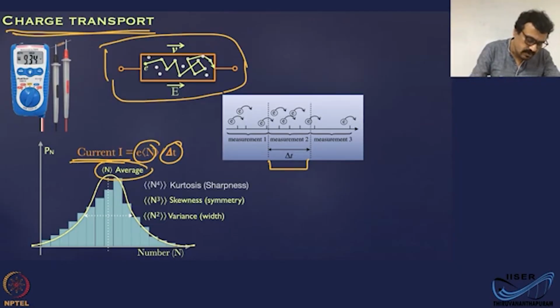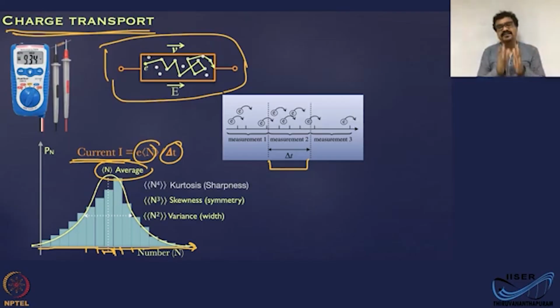So this plot here shows the number n as a function of, it is actually a histogram. If you take snapshots every second, what is the probability of seeing a certain number n?